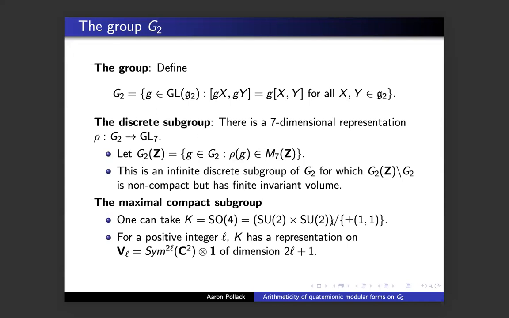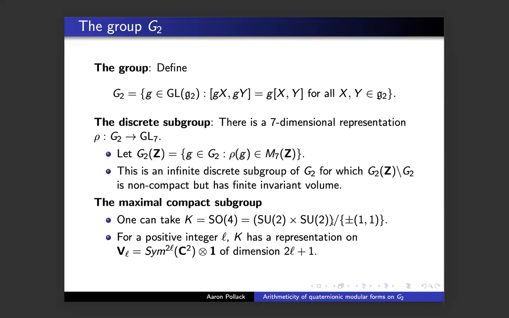Okay, great. So this defines the group G2, and I want an arithmetic subgroup, and one way of defining an arithmetic subgroup of G2 is as follows, and this is a perfectly good choice. It turns out that this group G2 has a 7-dimensional irreducible representation.